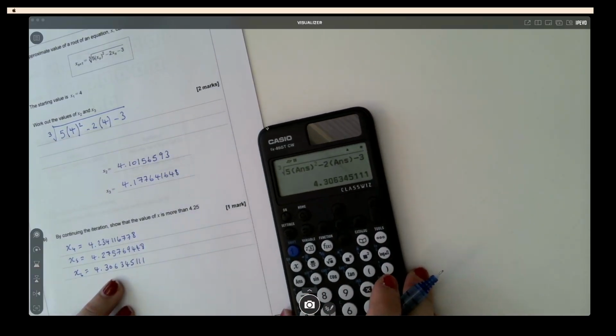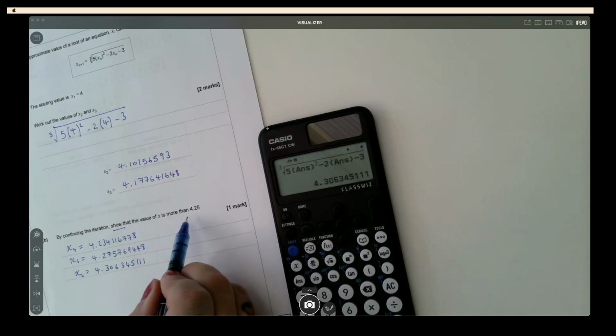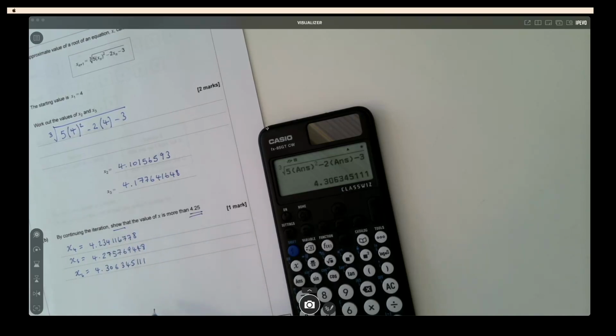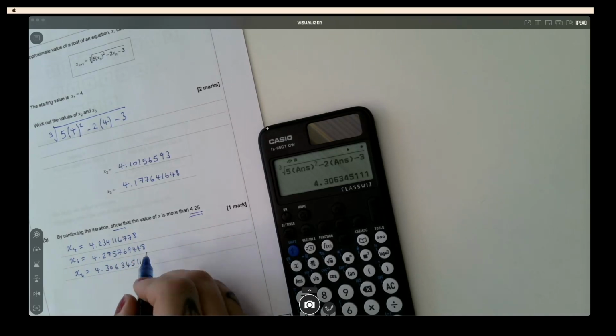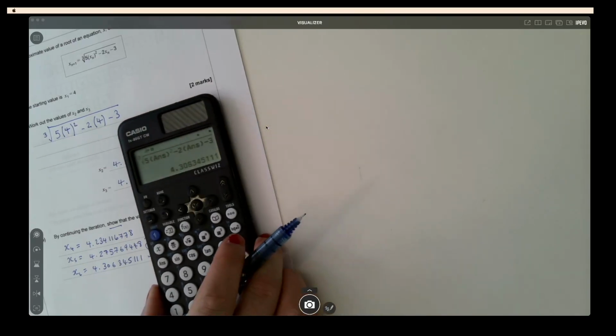So we're going to stop here because it wants us to continue it to show that the value of x is more than 4.25. Well, it's already gone above 4.25 with the 5th and the 6th value here. So it's just going to keep going, and you can press your calculator to check. It will eventually slow down, but they're all going to be bigger than 4.25. So we can stop at that point.